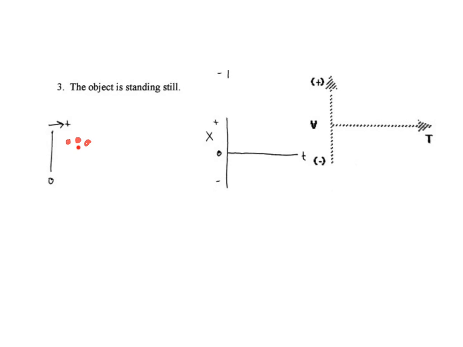And then, sometime later, it ended up out here, even further away from the 0 position, but still no arrows on any of these dots, telling us that there was no velocity, but somehow it was able to change positions.